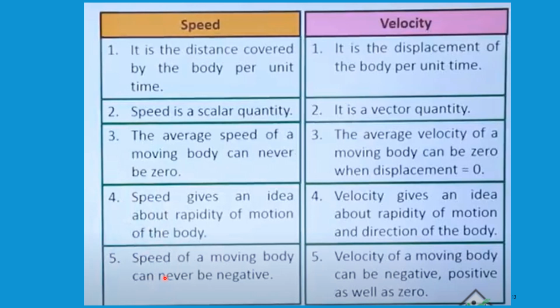Then fifth difference, speed of a moving body can never be negative; it should always be positive. But velocity of a moving body can be negative, positive as well as 0. These are a few differences between speed and velocity.